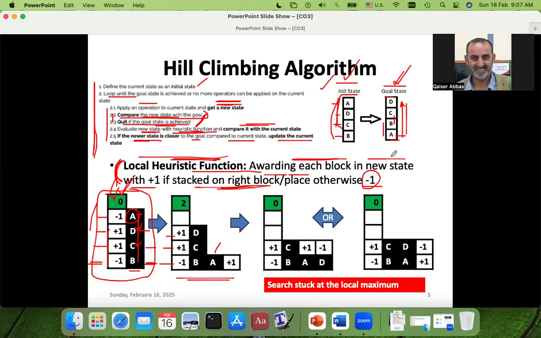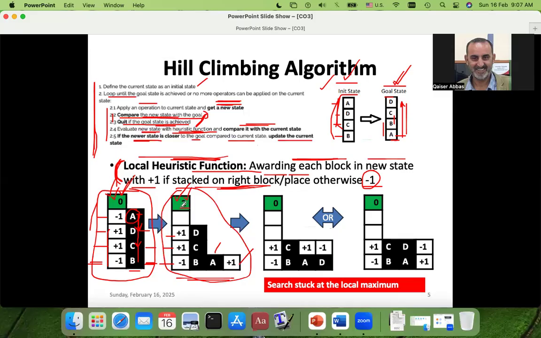Now it is on the ground, so it is at the proper place. So that's why we are assigning +1. We are rewarding, not giving it a penalty. So if you calculate plus 3 minus 1, the heuristic cost for this state is 2.